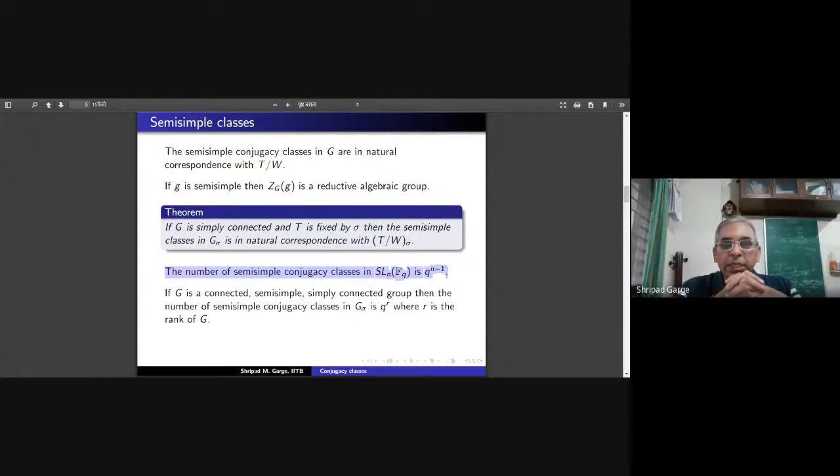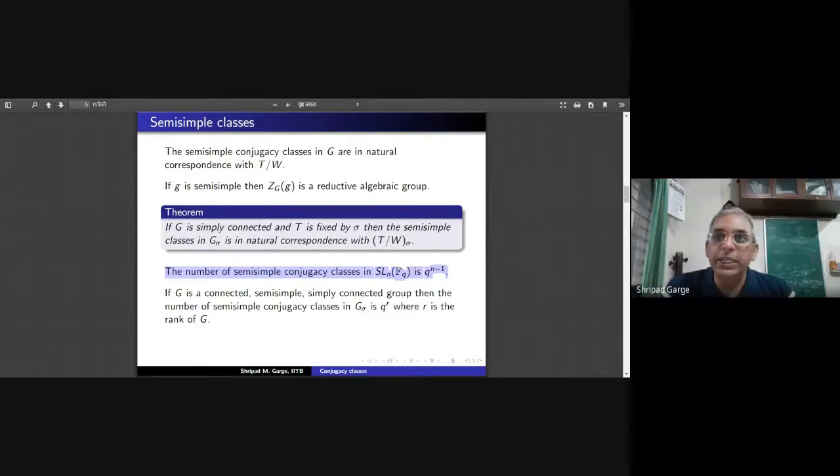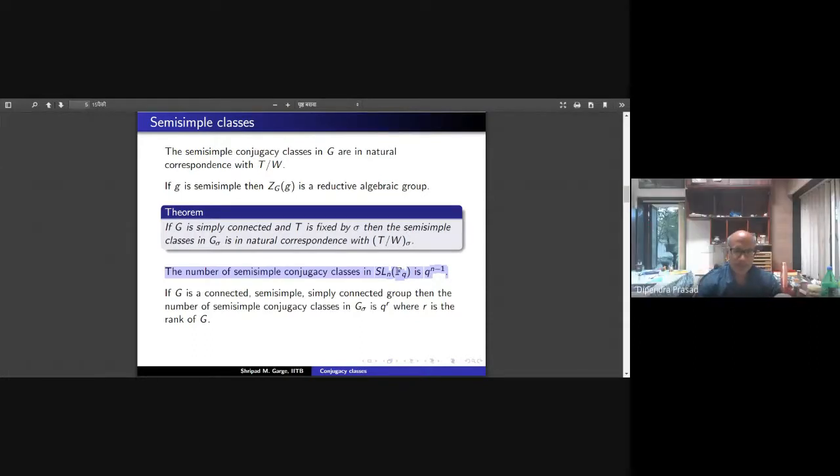So the reasoning that I gave is incomplete. One needs to say something more, essentially, to say that each characteristic polynomial gives you only one conjugacy class, that has to be explained. Correct. That's all.